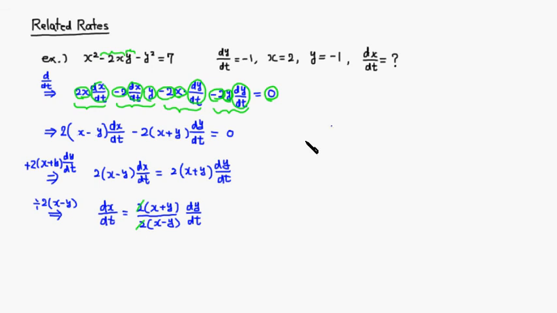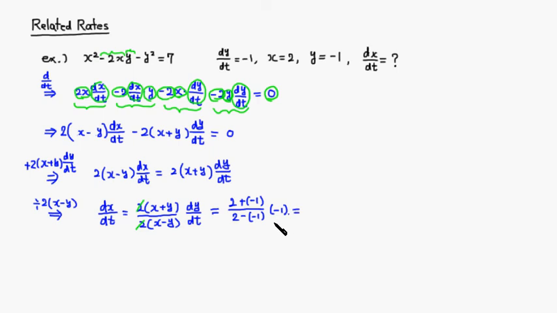Then plug in all the values that we already know. So x is 2, 2 plus y is negative 1, so plus negative 1. x is 2 again, and minus y is negative 1, so adding 1, and dy over dt is given to be negative 1.